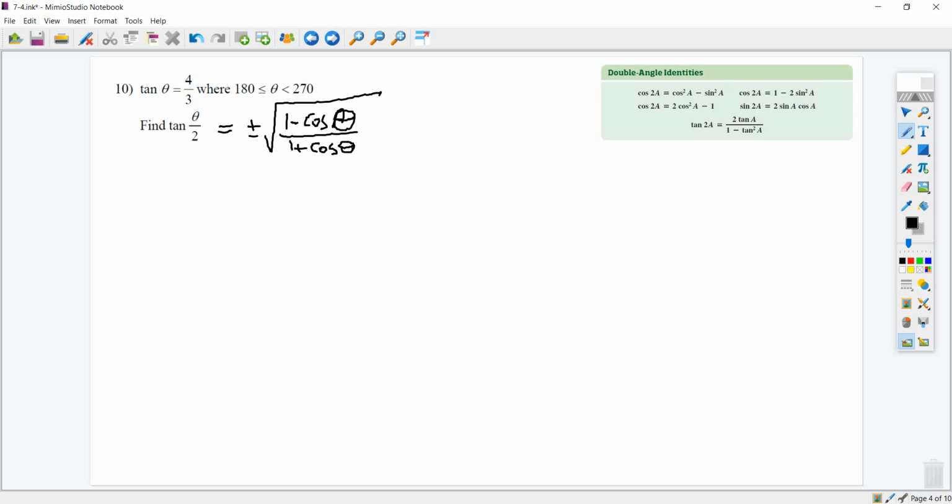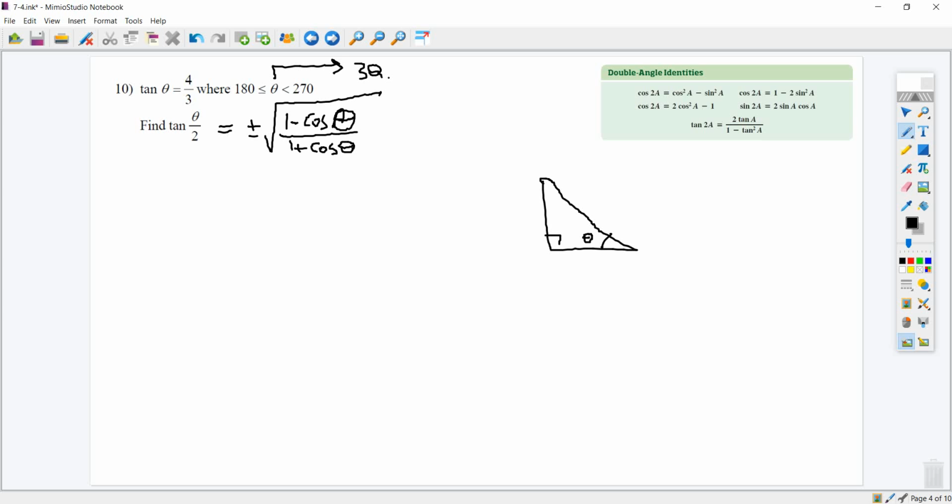Alright, so we are given tangent, and the angle theta belongs to the third quadrant, because between 180 and 270 makes it the third quadrant. Again, we need to make a triangle to find the sine and cosine. We just need cosine here.